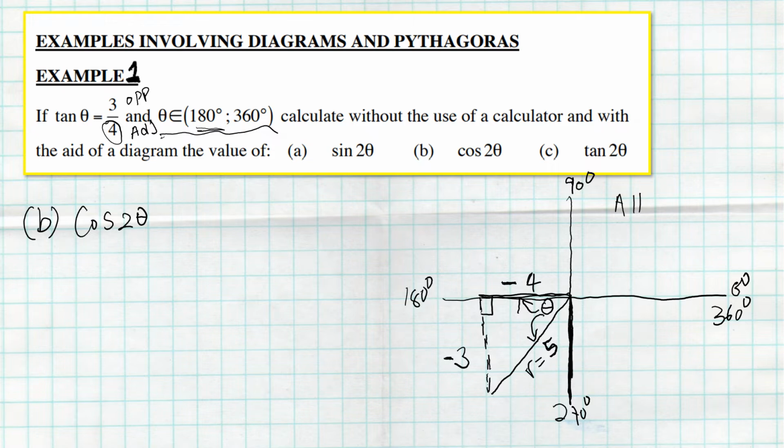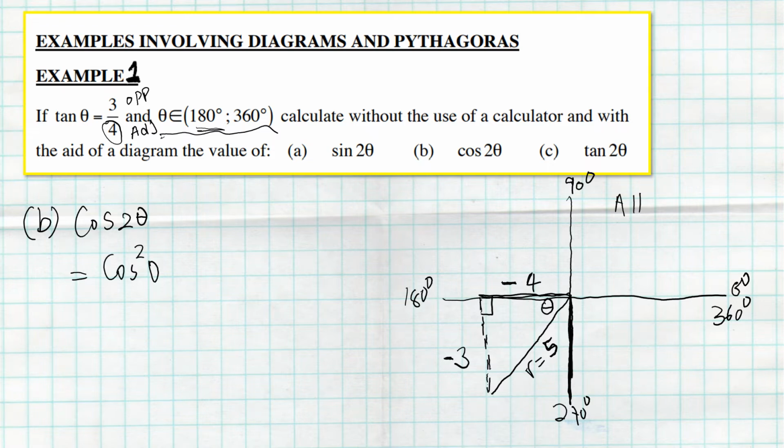Okay, for number B, they want the value of cos 2 theta, right? So with cos 2 theta, we know that 2 theta is not on the diagram. Can you see? On your diagram, you don't have 2 theta. So it means that we first need to express this cos 2 theta into trig expressions that have theta, right? So we know that cos 2 theta is double angle of cos, and we know the rule. It will be what?